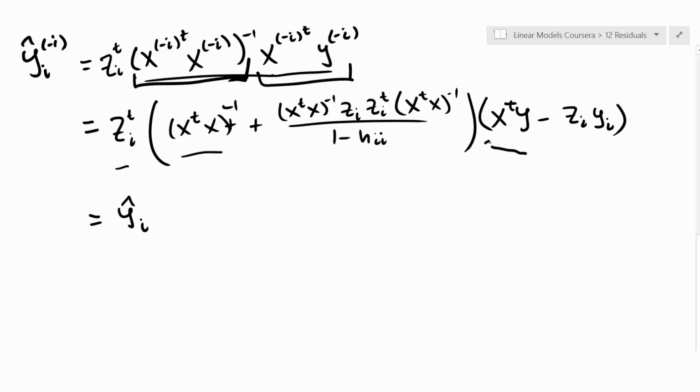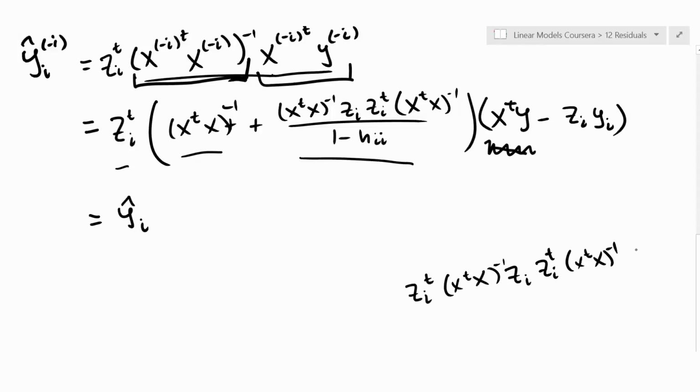Now, when I multiply this value times this thing, let me do some scratch work over here. What I'm going to get is z_i transpose (X^T X) inverse z_i, transpose (X^T X) inverse times X^T y, over 1 minus h_ii.